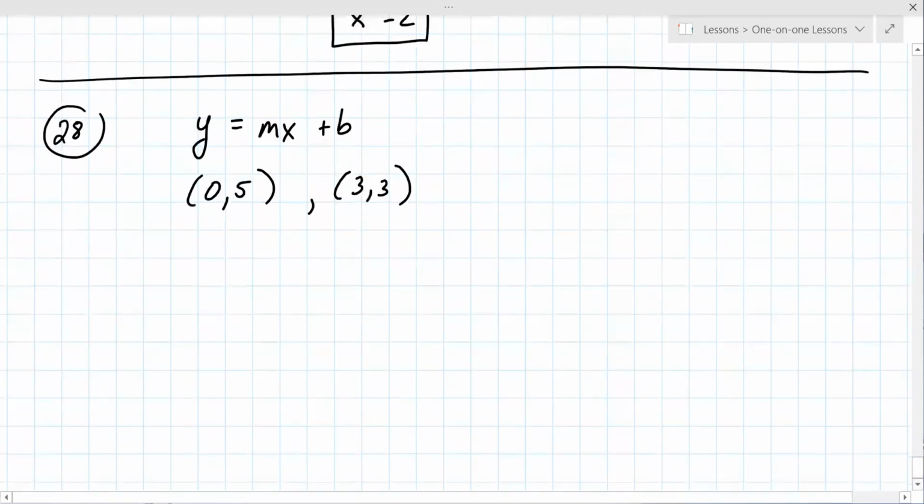Okay, the slope. Go ahead and calculate the slope for me of this one, please. 2/3.